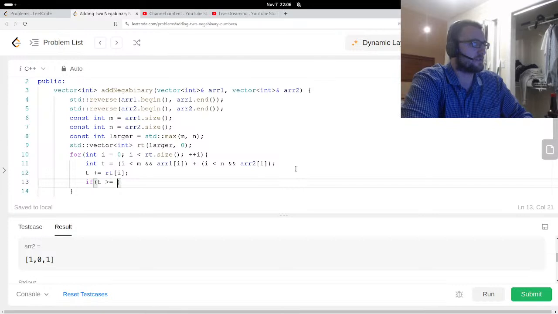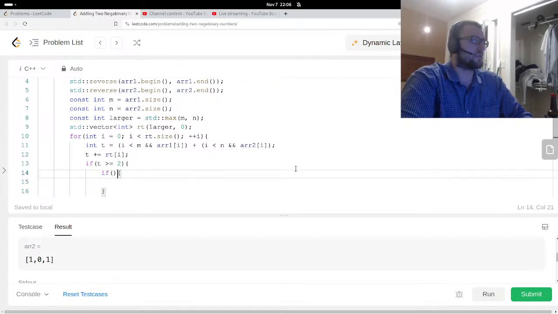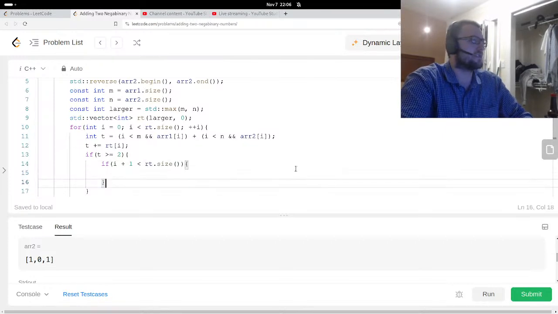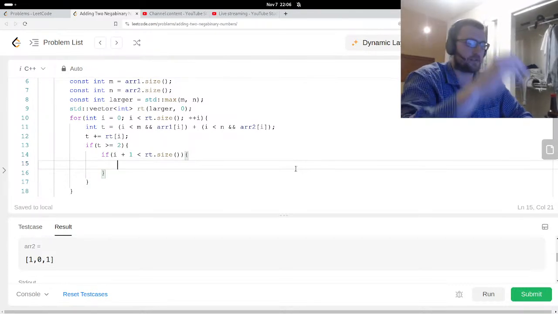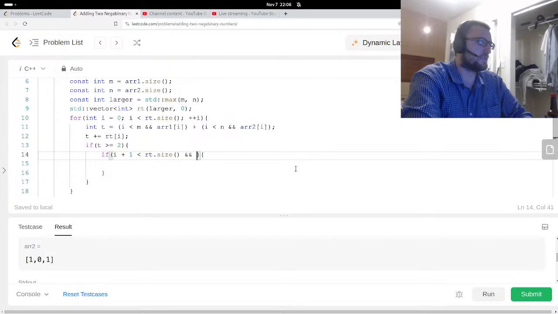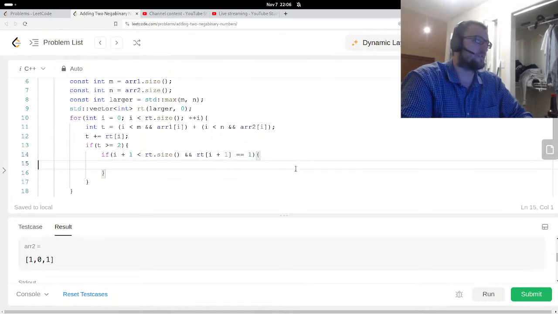If t is greater than or equal to 2, and let me say if I plus 1 is less than rt.size, then what we want to check is and rt of I plus 1 is equal to 1.